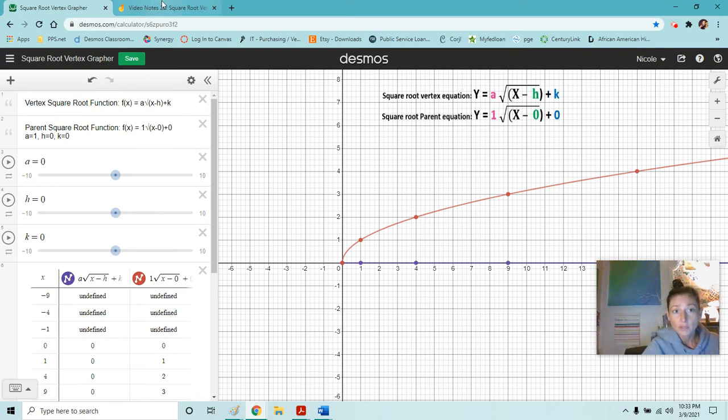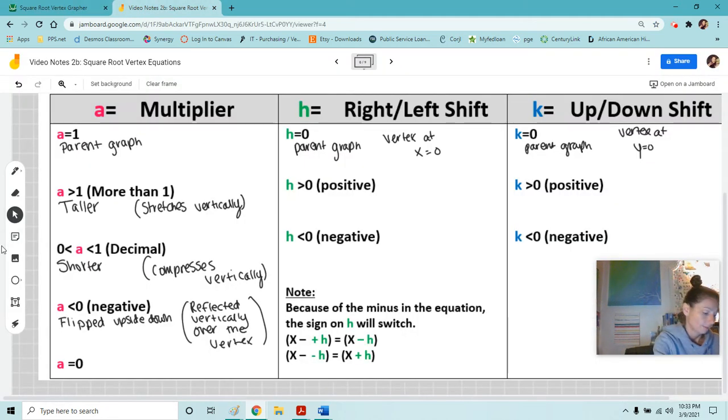So when the a value is 0, that's just a flat line, not a square root graph. And again, that's true for literally any type of graph you can imagine.